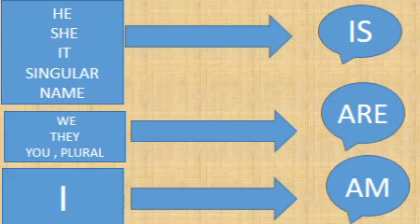If the subjects are he, she, it, singular, then we will use is. If the subjects are we, they, you, plural, we will use are. If the subject is I, then we will use am. We always use the helping verb am with I.